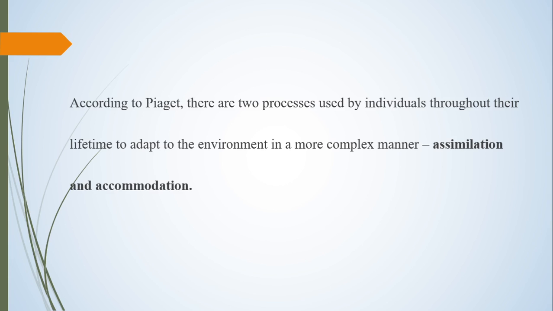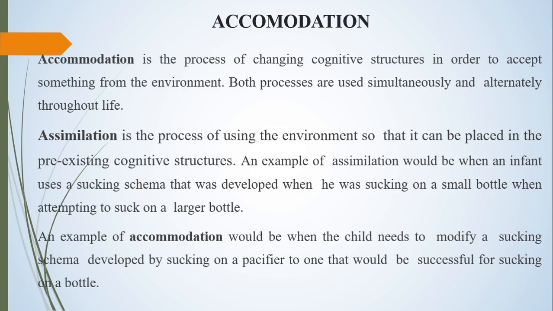According to Piaget, there are 2 processes used by individuals throughout their lifetime to adapt to the environment in a more complex manner, that is assimilation and accommodation. Let's look at accommodation. Accommodation is the process of changing cognitive structure in order to accept something from the environment. So both processes are used simultaneously and alternately throughout life.